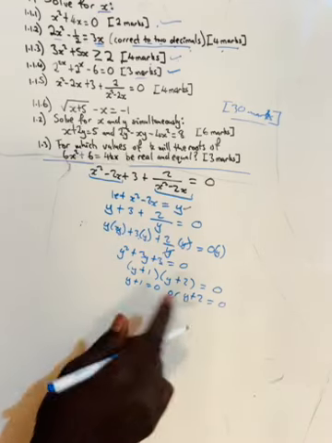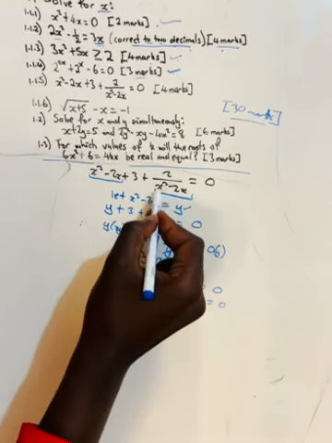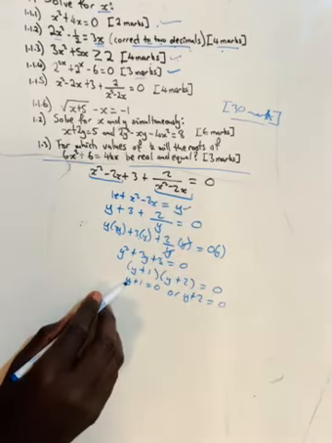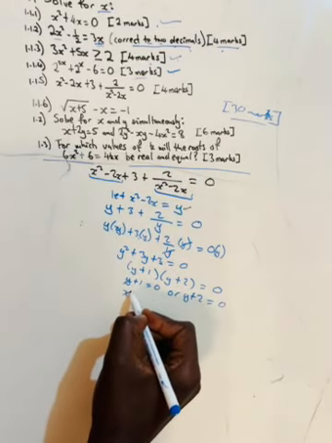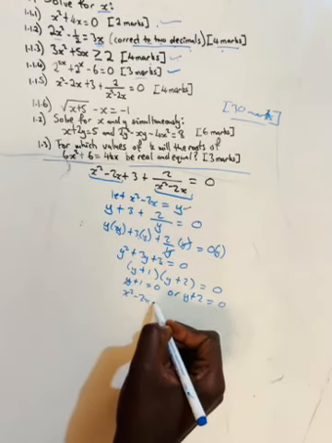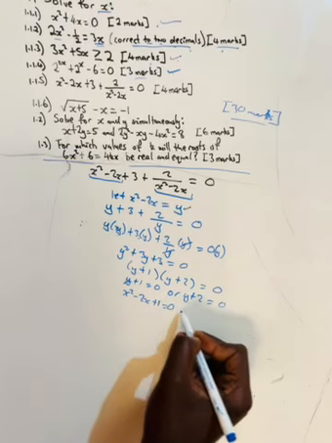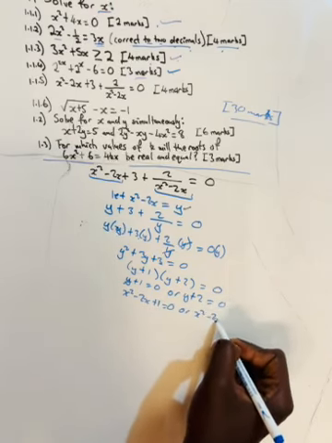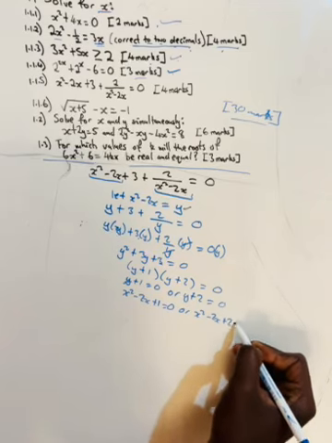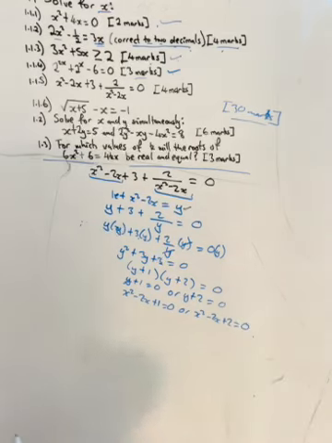But I must not forget I've got x squared minus 2x, which is being represented by y. So now I substitute and say that I've got x squared minus 2x plus 1 is equal to 0, or x squared minus 2x plus 2 is equal to 0.